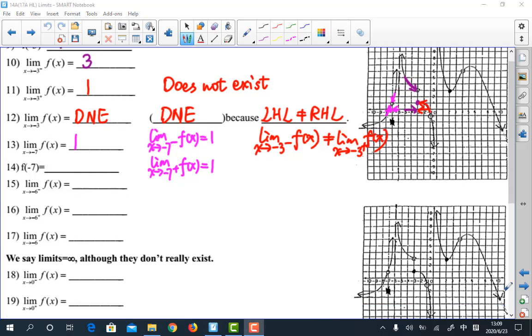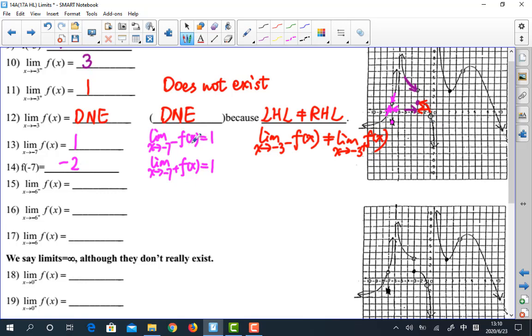Now let's look at what f of negative 7 is. At x equals negative 7, on this piece, you will see there is a hole. However, x equals negative 7 is defined here rather than here. So when x equals negative 7, this point shows the y value, which is negative 2.